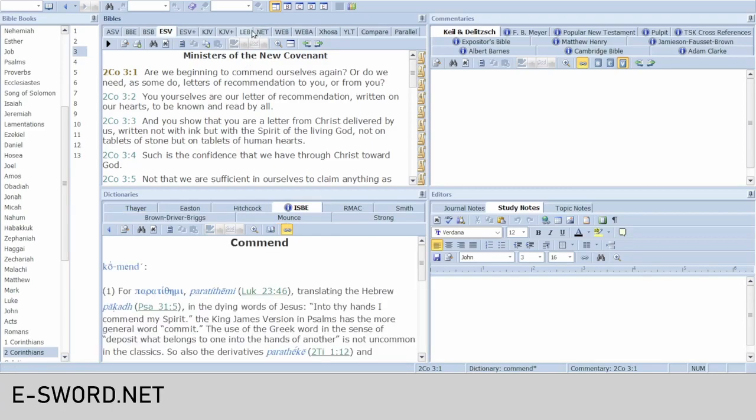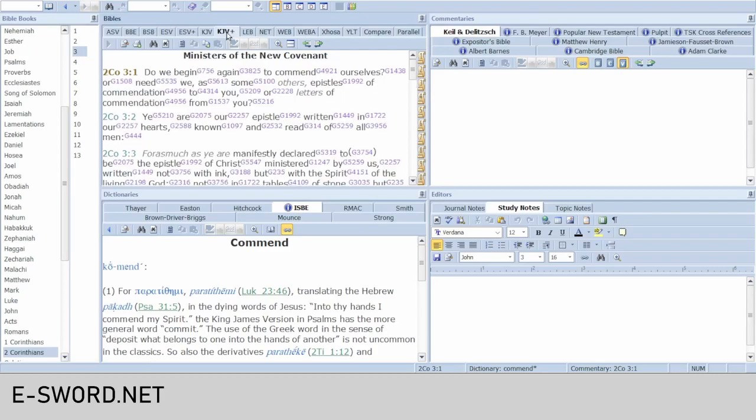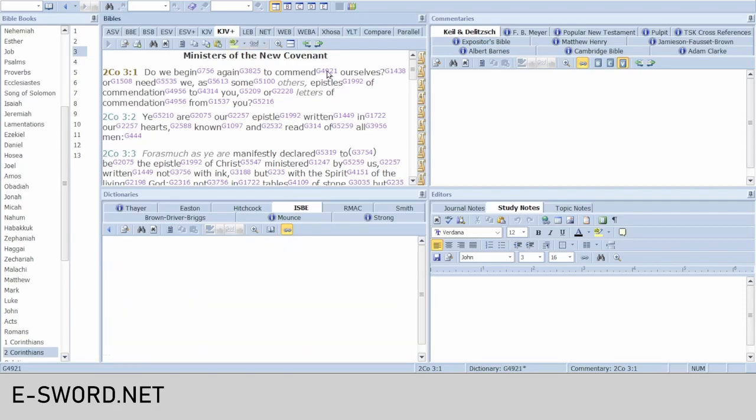If we look here at the King James with the plus sign, it says it's with Strong's numbers. And so when we click on that, we see that the numbers for the Greek that these words are translated from are beside it. So we can hover over it and get a definition, or we can click on that number.